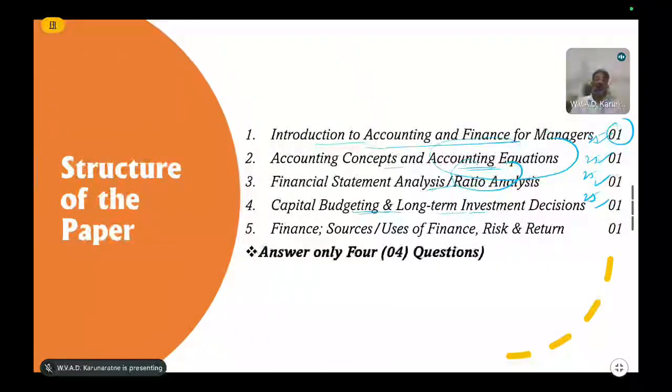Then the last component, finance, sources of finance, then risk and return. So I think you have a very basic idea given for this area: what are the sources of finance, types of financial management decisions. So it also includes 25 marks. You can select 4 out of 5 questions.